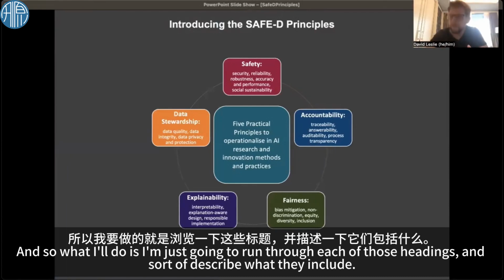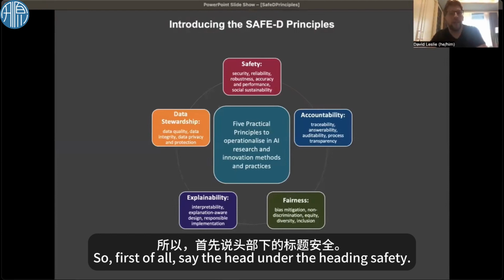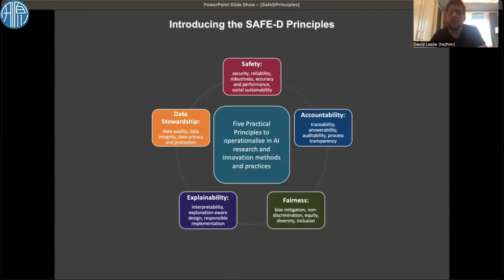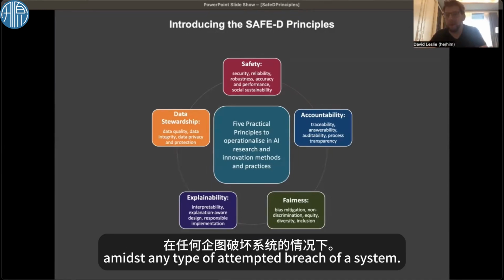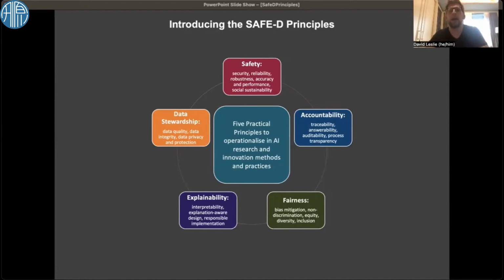First, under the heading safety, we think about elements like security, so ensuring that a system maintains its integrity amidst any type of attempted breach of a system.